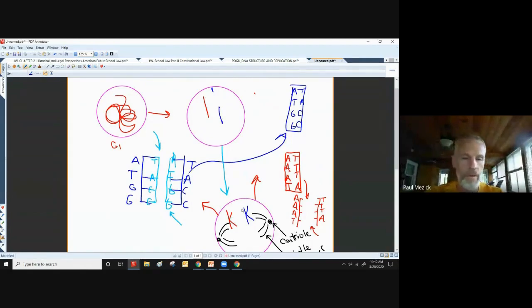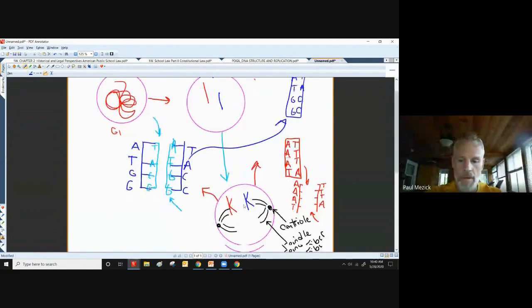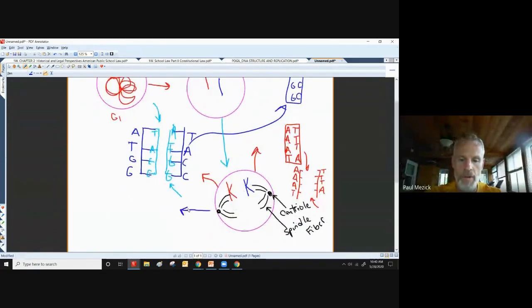So how does that work? We're all over the place here. Well, now we're blue. So we went from a pink cell to a blue cell, so we'll have to go with it. Now we'll do this freehand. All right. So let's put our centrioles here, and we'll put our spindle fibers out.